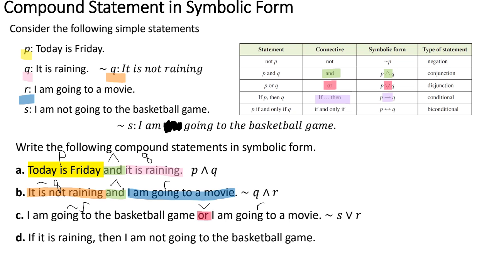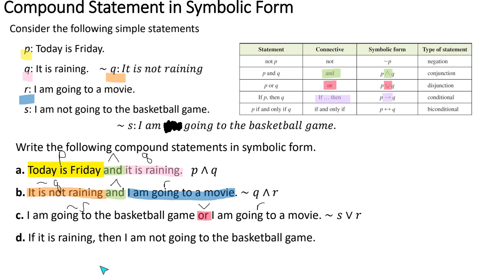So if we read the sentence, I am going to the basketball game, we just said is negation S. Here's negation S. Or is my arrow pointing down, the disjunction. I am going to a movie. I'm going to the movie is R. So in symbols, we get negation S, disjunction R.